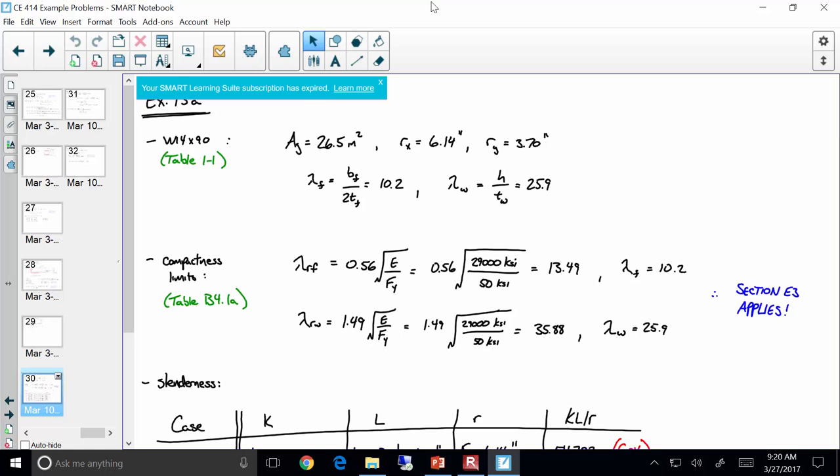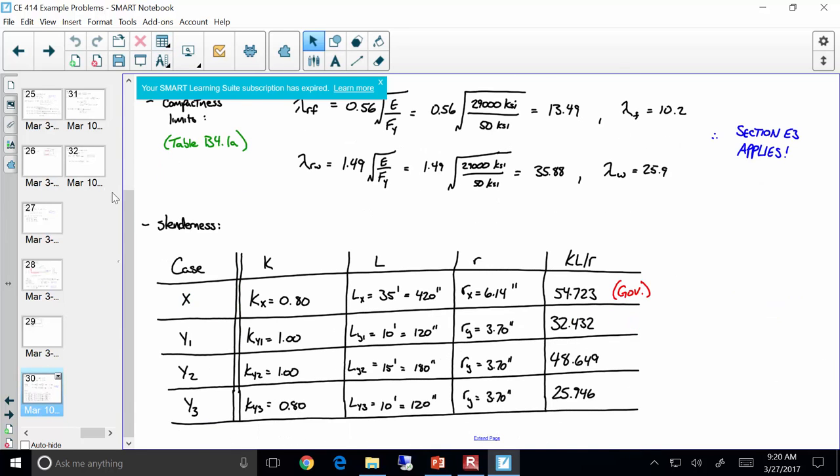Okay, so we were looking at this example. The first thing that we did is we computed our compactness limits, and then that was good. We did our slenderness calc. Remember, we did it in an incredibly backwards condition. You are like, why are we doing the R first, and then the L, and then the K? It was like, because that's the easiest way to go about it. And then we computed KL over R for each one, and we found that the x-axis one was the one that governed.